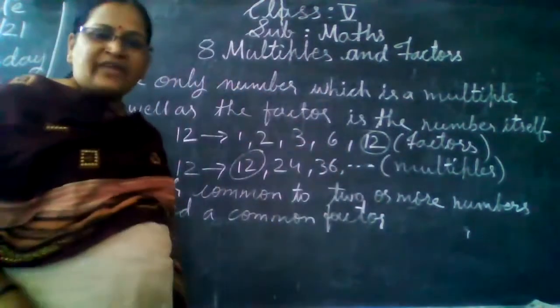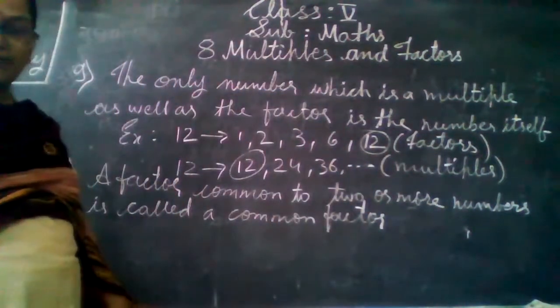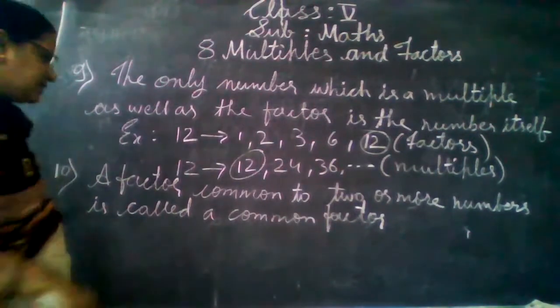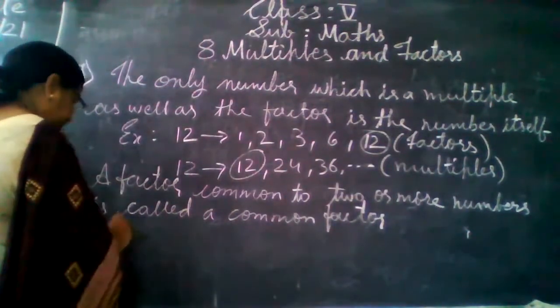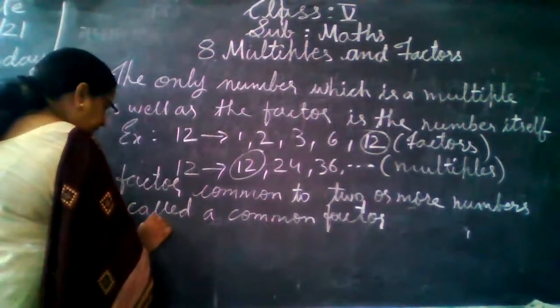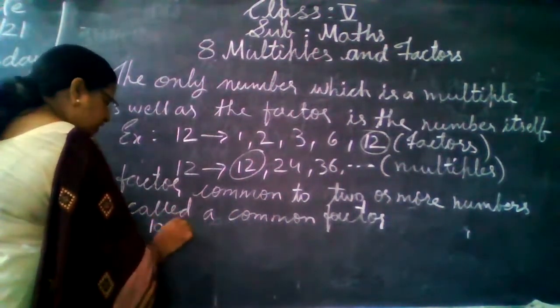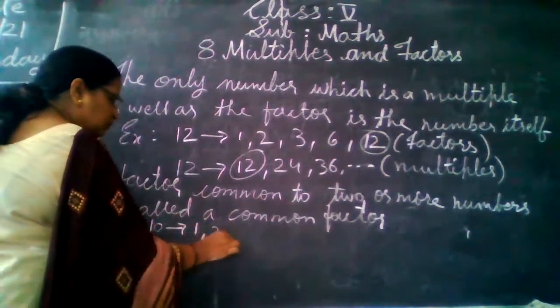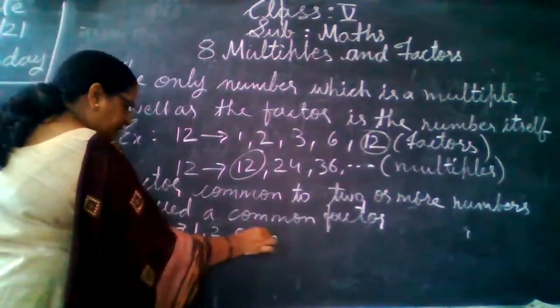Yes, a factor common to two or more numbers. For example, I am taking here 10. What are the factors of 10? 1, 2, 5 and 10.